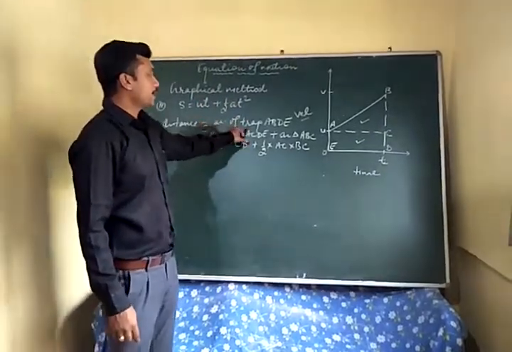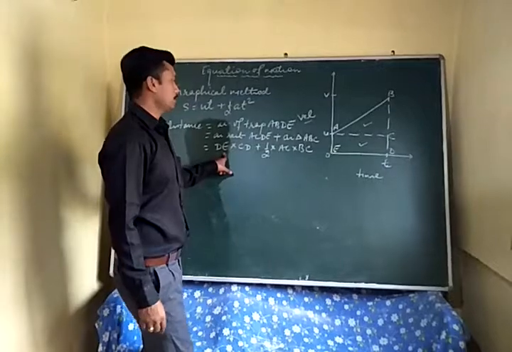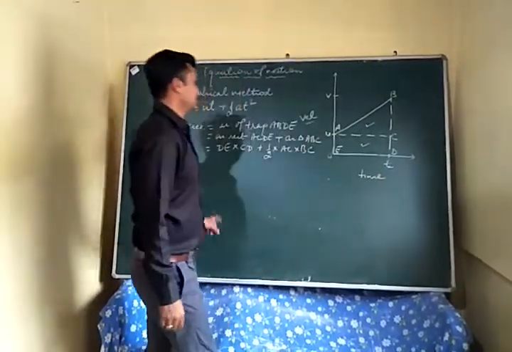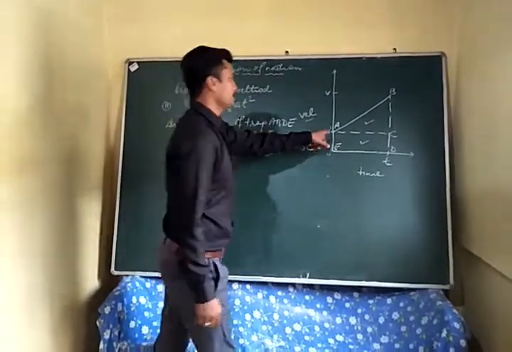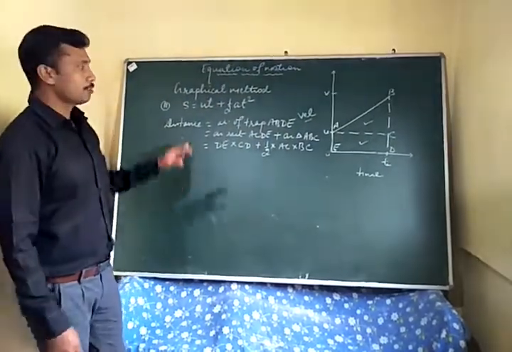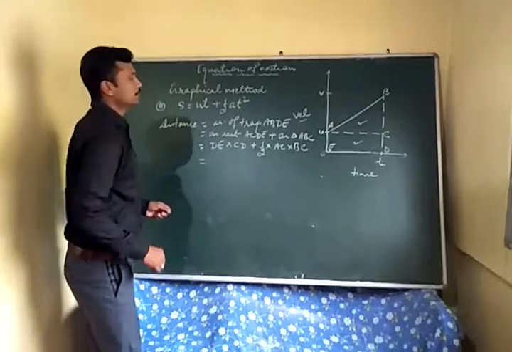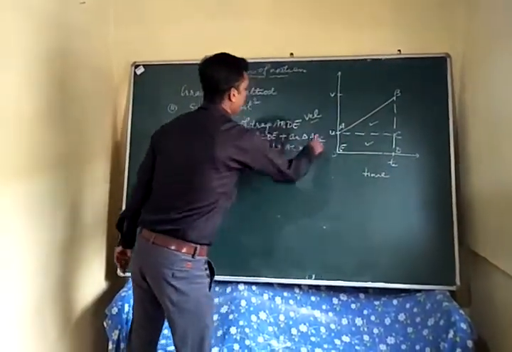Now the area of rectangle ACDE can be written as length into breadth, which is DE into CD. Same as triangle, it is half into base into height. Here height is BC and the base is AC. Let us now put the values of each of these sides. DE is equal to t and CD will be equal to u.